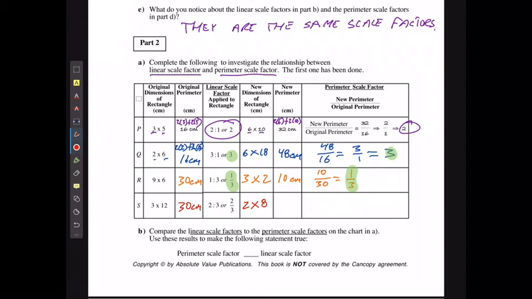And now I'm going to wind up with 20 centimeters as my perimeter. 20 divided by 30 is the same as 2 over 3. And once again, I have the same factor. So I can state that the perimeter scale factor is equal to the linear scale factor.